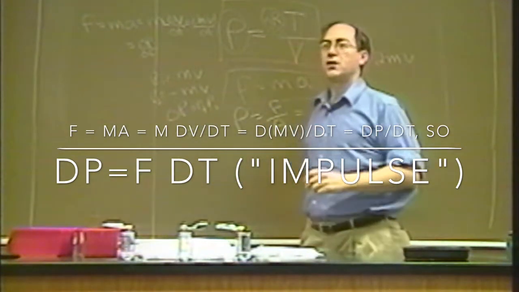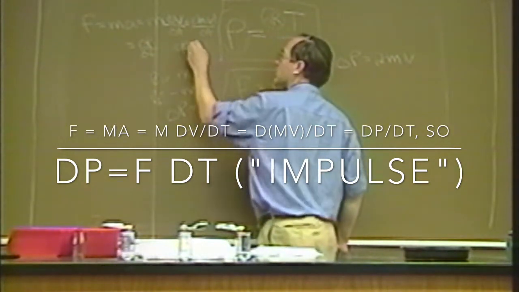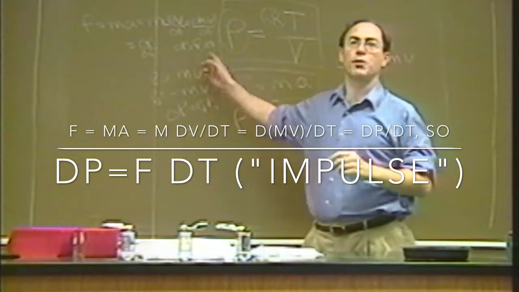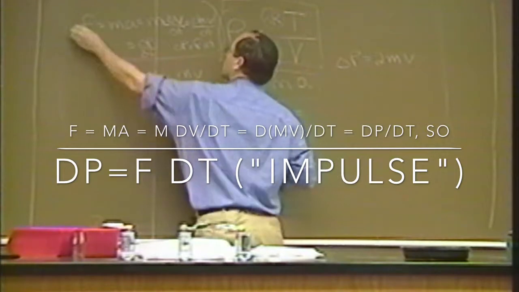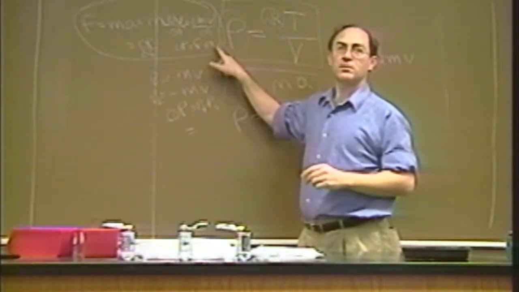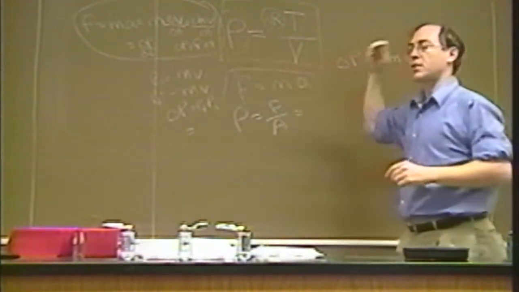Remember, force was the change in momentum per time, or the change in momentum was equal to the force times the time. We call that the impulse. Impulse equals change in momentum. So we have this relationship, delta p is equal to F delta t. Remember this whole series of equations. That's important.